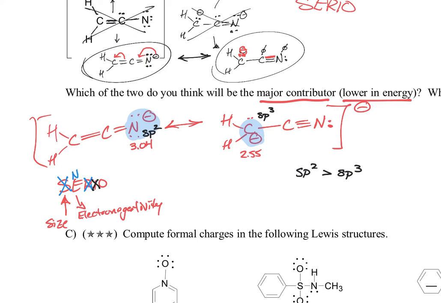The sp2 is slightly smaller than the sp3, which is better. The electrons would be closer to the nuclei. The closer they are to the nucleus, the more stable they are. And therefore, the hybridization also gives us nitrogen negative charges are more stable. So there you go.